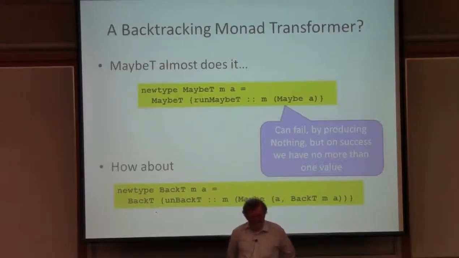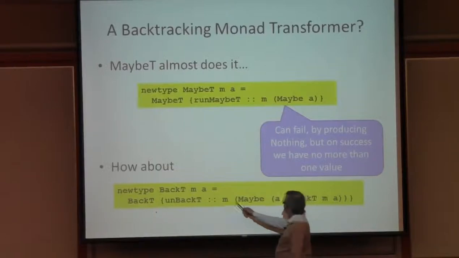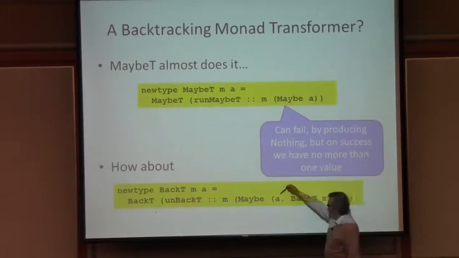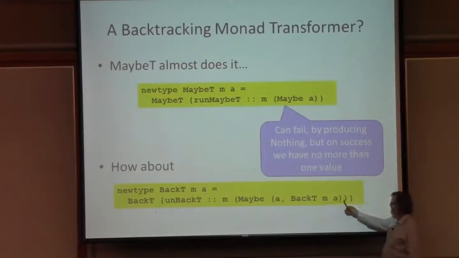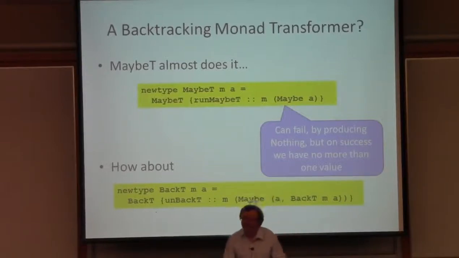Let's suppose I define a type called backT, which is like maybe, but it does an underlying m computation, which may fail, but when it succeeds, gives me not only a value, but another backtracking computation that can be used to compute more a's. That sounds plausible, doesn't it, as a backtracking transformer?